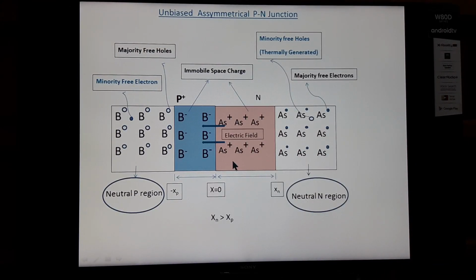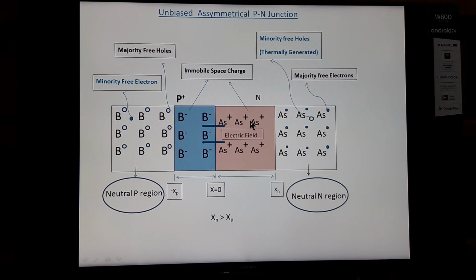Here we consider a schematic diagram of an unbiased asymmetrical PN junction. The asymmetry is in the sense that we consider the doping of the p side to be slightly higher than its n side counterpart. As per my earlier discussion regarding diffusion across the junction, some portion of the n side nearer the junction becomes positively charged, and on the other hand the p side becomes negatively charged.